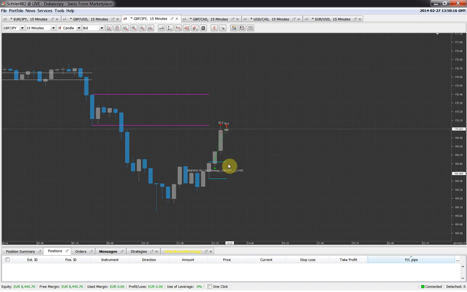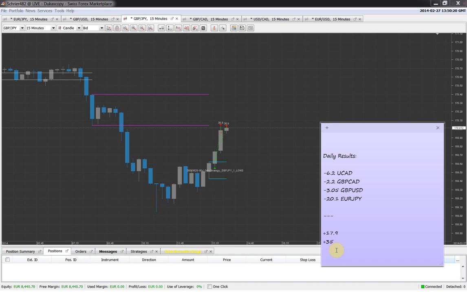Okay. So these are the profit today. You sum up, you remove the losses, you add the winners, and you have it. So it's 6.2. 31 pips in negative.